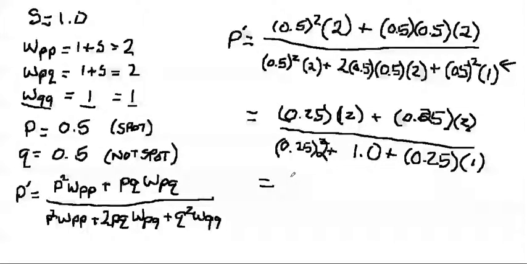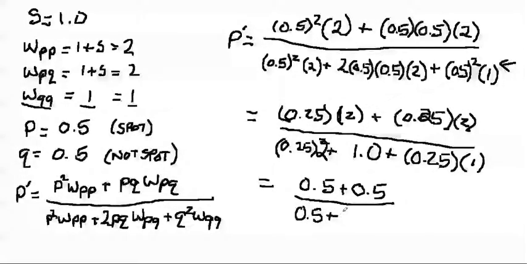So if we look at our numerator now, we have 0.5 plus 0.5 all over 0.25 times 2 is 0.5 plus 1.0 plus 0.25 times 1, 0.25. So that gives us 1.0 over 1.75.